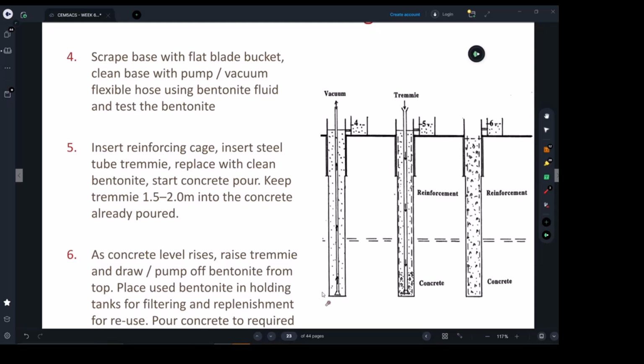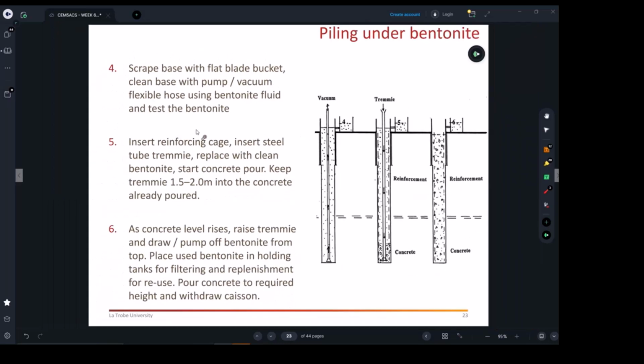So usually there is a vacuum process to maintain only the bentonite within the hole. So this is a cleaning process, but you don't think you're just going to use a vacuum and clean; there is a testing process which we will cover after we finish those steps.